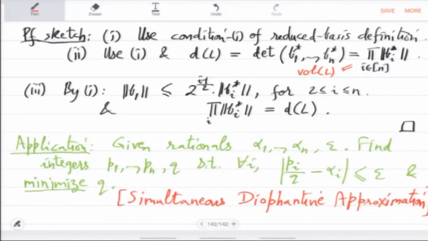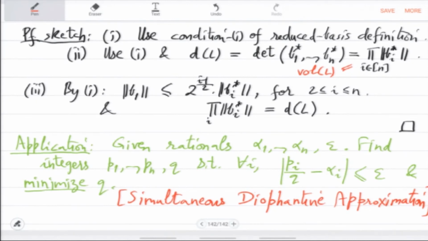Okay, so this problem is called simultaneous Diophantine approximation, Diophantine because you are given these rationals, let us say alpha 1, and you want to write it as P1 over Q, and simultaneous because you are given alpha 1, alpha 2, and you have to simultaneously express them as P1 by Q and P2 by Q. Now obviously Q exists, but it could be very large if you do it naively.